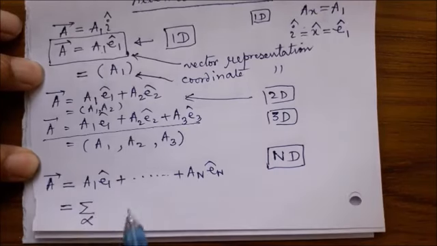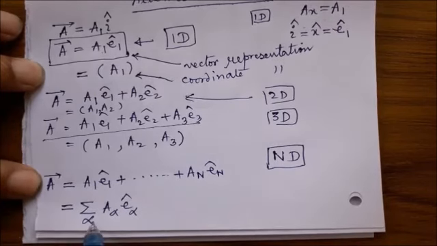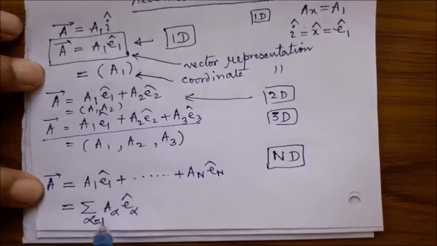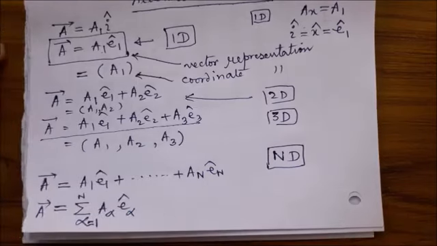Summation over, say, alpha, this is A alpha E alpha cap, where alpha runs from 1 corresponding to the first term and the last term is n. So this is vector A. Here E alpha cap is the unit vector along the alphath direction.